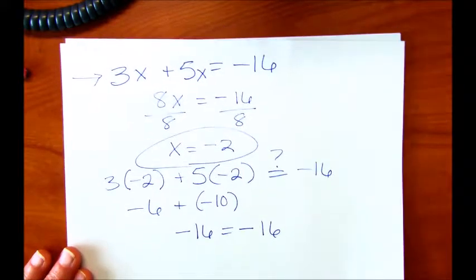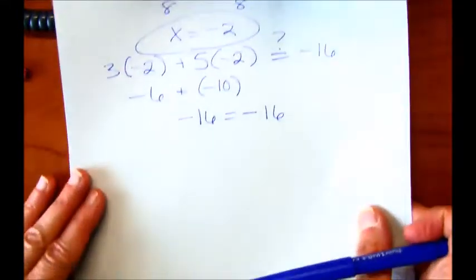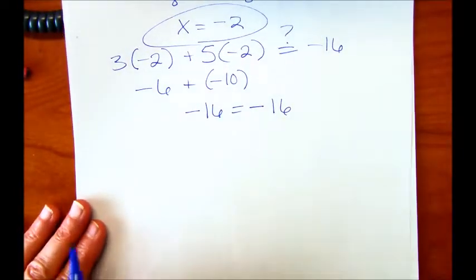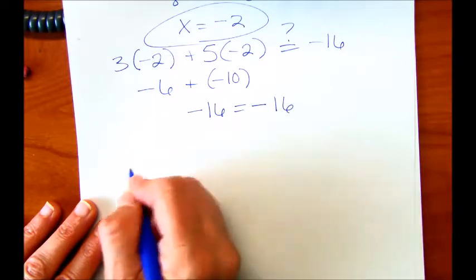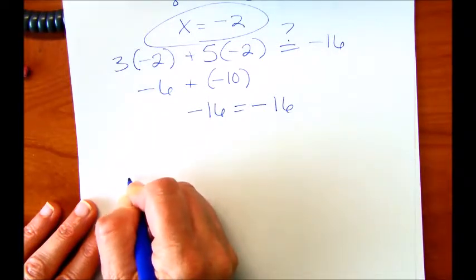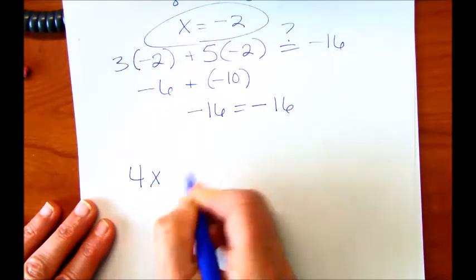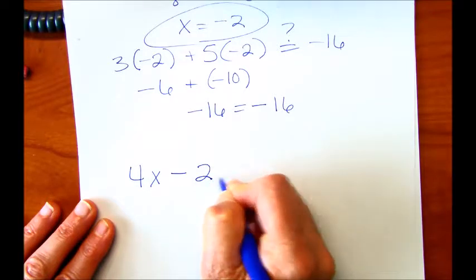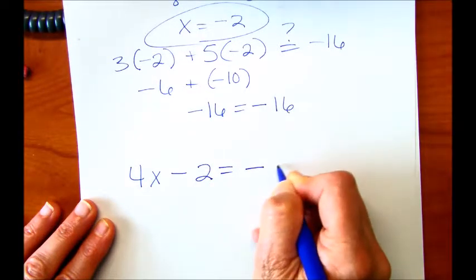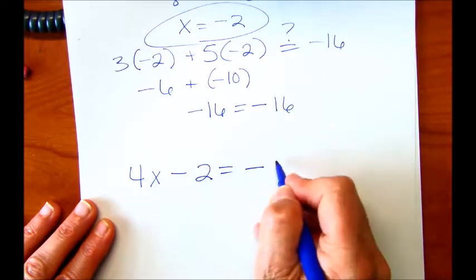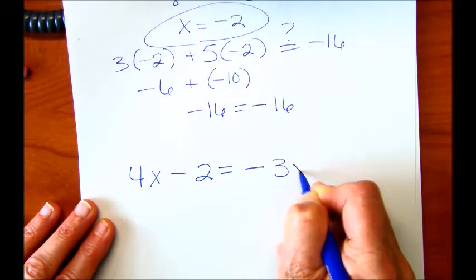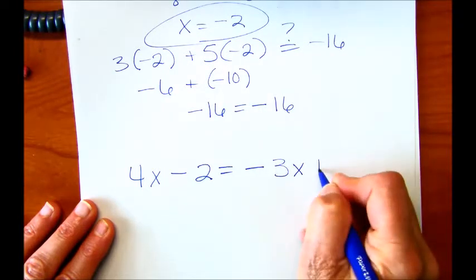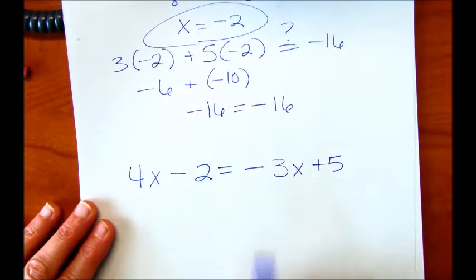All right, let's try another one. Another kind. In this example, we're going to have a variable on both sides of the equal sign, the same variable, but we're going to have to move some numbers around. I'm going to have a term with a coefficient on the same variable x, and I'm also going to have a constant over here too.